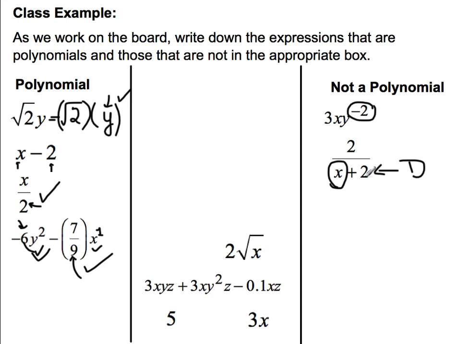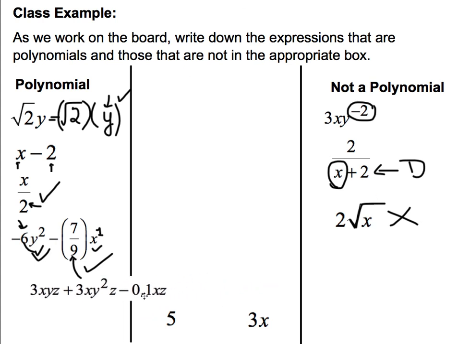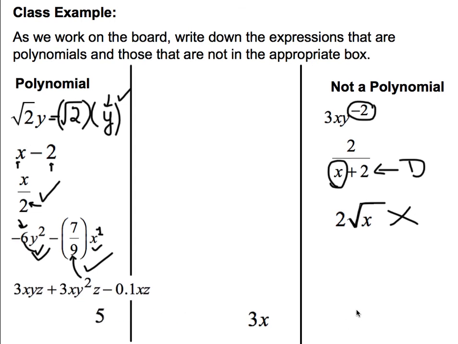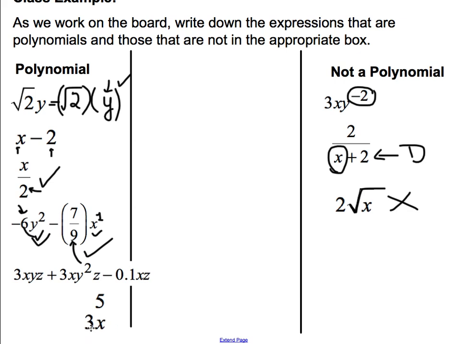As soon as we see a variable in our denominator, it's not a polynomial. This is not a polynomial either, because we're square rooting the variable. And the rest are polynomials.